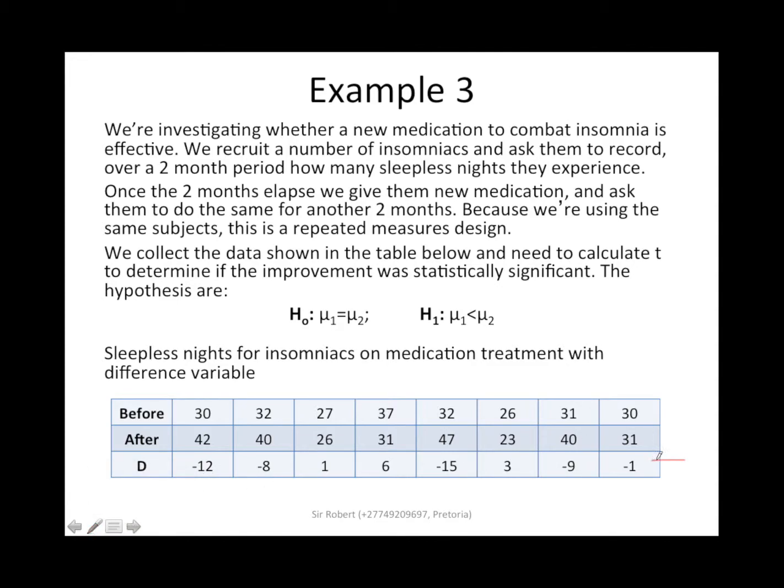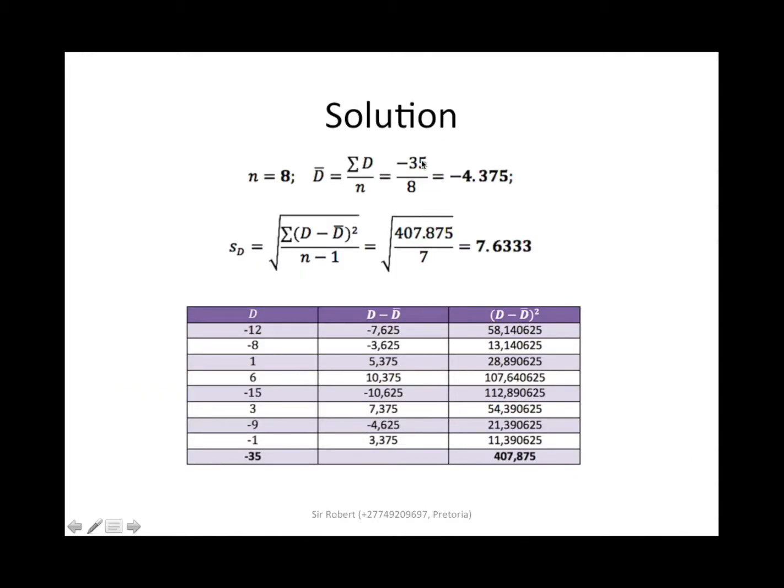It means we add all these values and we divide by the number of items. There are 1, 2, 3, 4, 5, 6, 7, 8. So the total is minus 35 divided by 8. You can get minus 4.375.